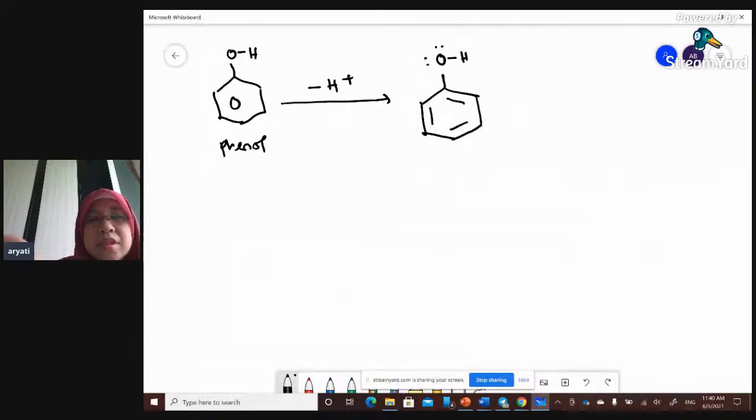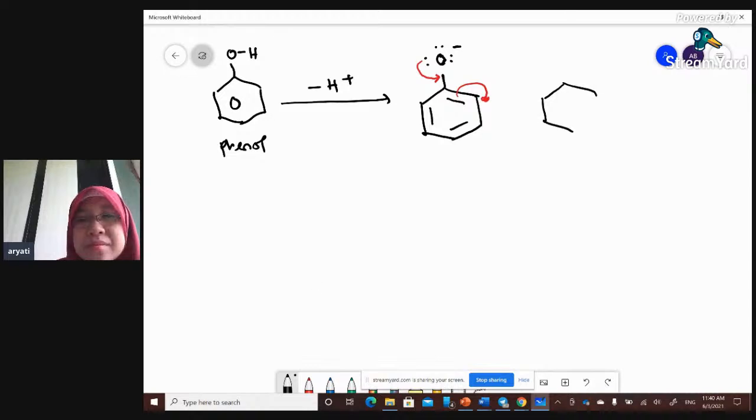Sebab this negative charge, oksigen negatif, dia boleh pindah daripada sini. So daripada sini dia boleh pindah dekat sini. So bila dia pindah dekat sini, oxygen is no more negative. Kenapa? Sebab dia dah buat double bond dekat sini.